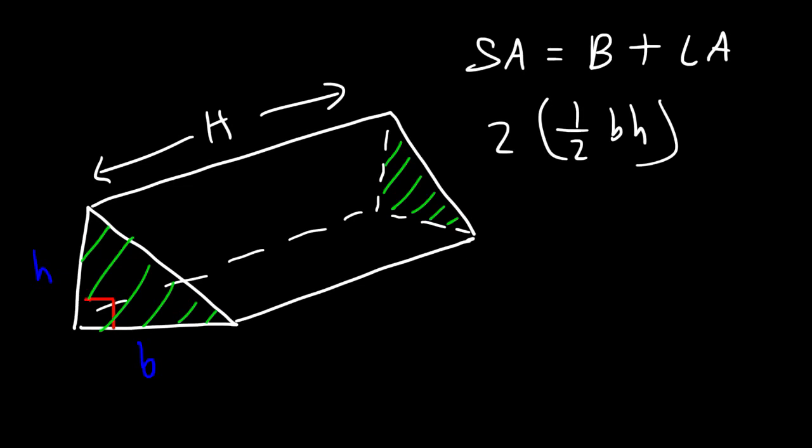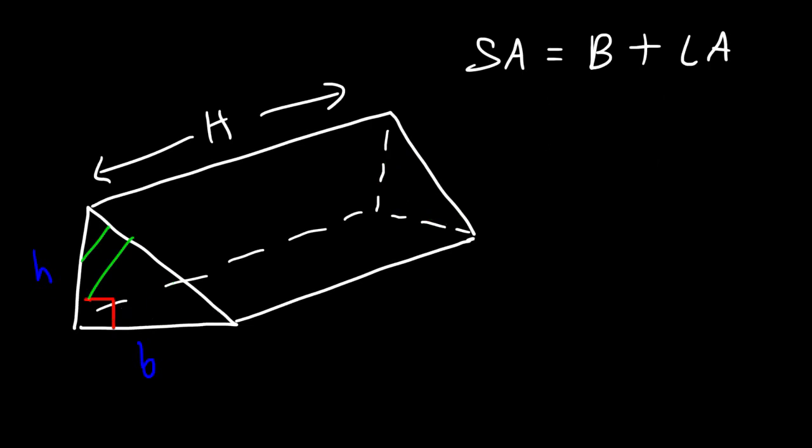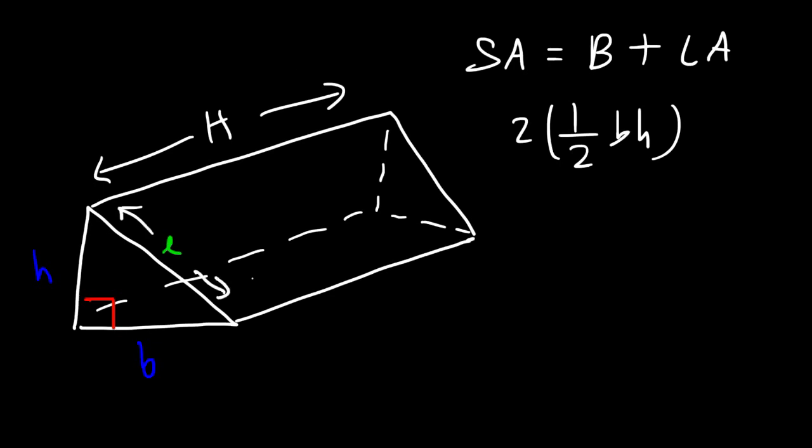Now the lateral area is going to be the area of the other three sides, or three faces rather. Let's call the third side of the triangle L. So since we have a right triangle, L squared is equal to B squared plus H squared.